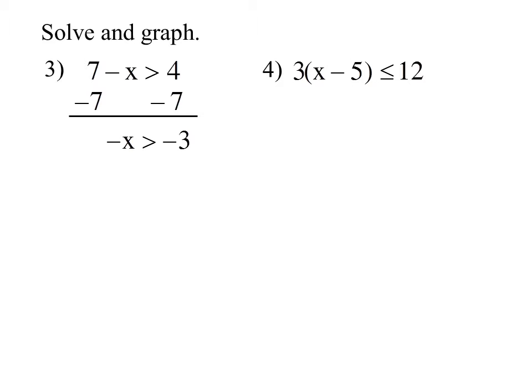So I will have negative x is greater than negative 3. Now negative x is technically the same thing as negative 1x. So I normally think of dividing both sides by negative 1. On this PowerPoint, they choose to multiply both sides by negative 1, which I think is weird. But either way, all it's going to do is flip the signs. And we're going to flip the inequality.